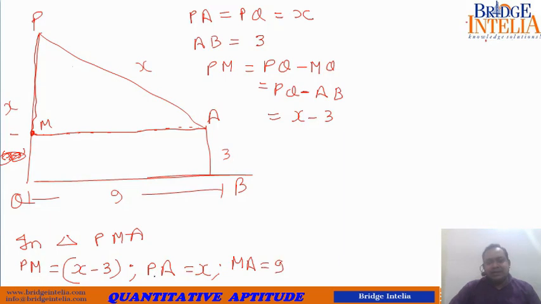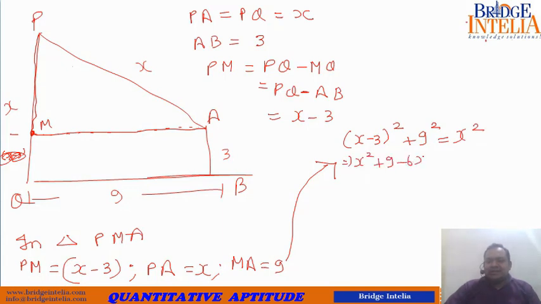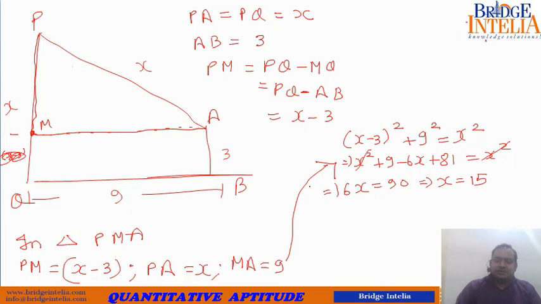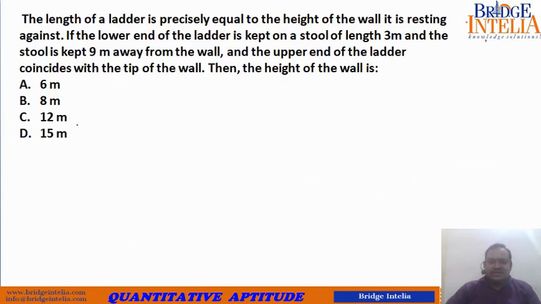Applying Pythagoras theorem here, (x minus 3) whole square plus 9 square must be equal to x square. Let us solve for x. So x square plus 9 minus 6x plus 81 is equal to x square. The x square cancels, so 6x is equal to 90. From here you can see that x is equal to 15. So 15 meters is the answer. This is the correct answer.